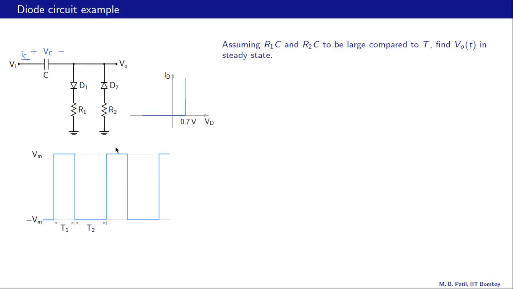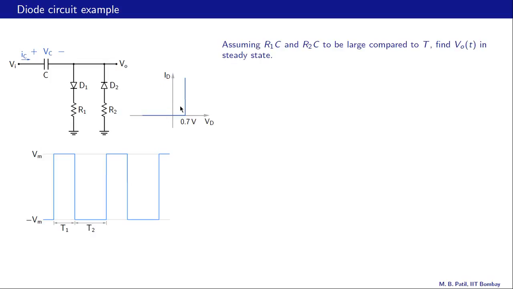Okay, let us look at the problem statement now. Here is the input waveform going from minus Vm to plus Vm. This could be, say, minus 10 volts to plus 10 volts. The high interval, that means the interval in which the voltage is high, is marked as T1 over here, and the low interval is marked as T2. And the IV relationship for the diode is given over here.